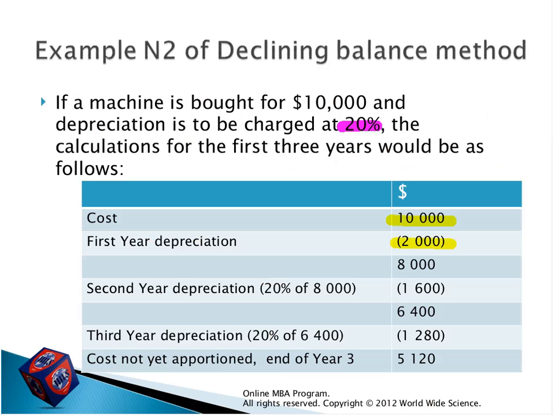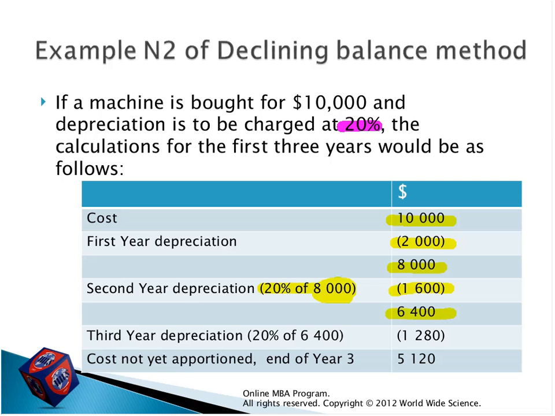This is just a simple calculation. So the book value at the end of the first year would be 8,000. For the second year depreciation, you have to take the 8,000 book value and multiply by 20%, and you will get 1,600 of depreciation cost. Then you deduct this 1,600 from your book value of 8,000, and you get the book value for the second year, which would be 6,400, right?